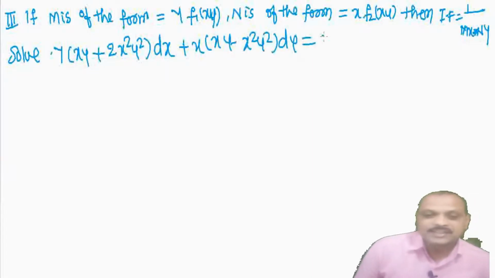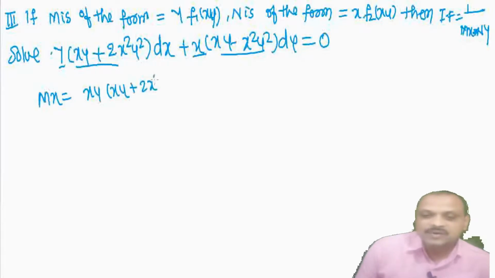You can easily see that this is of the type y into f of xy, and this is of the type x into f of xy. Then Mx equal to xy into (xy plus 2x square y square), and Ny equal to xy into (xy minus x square y square).